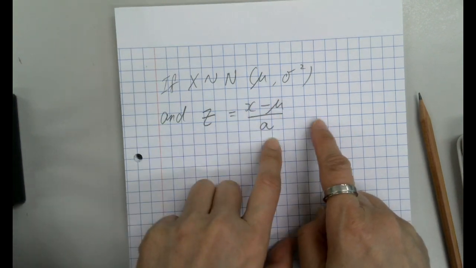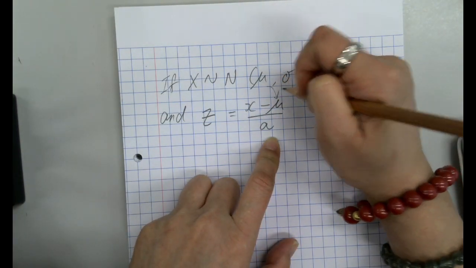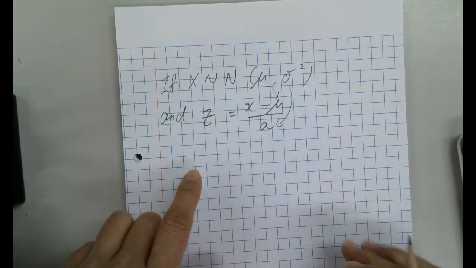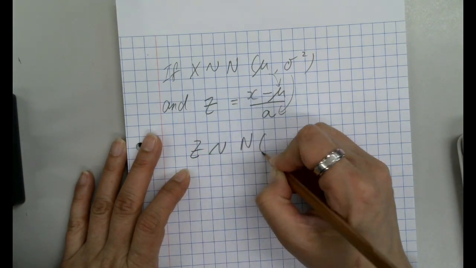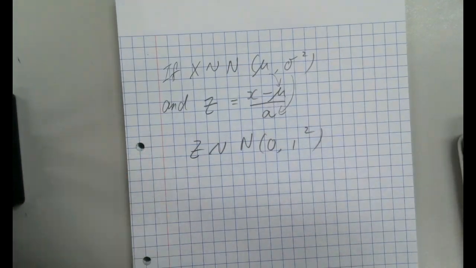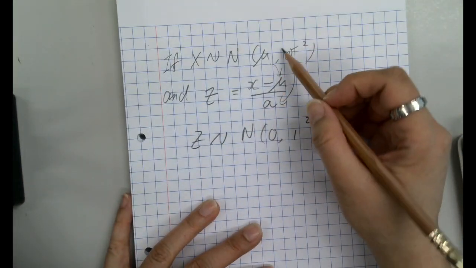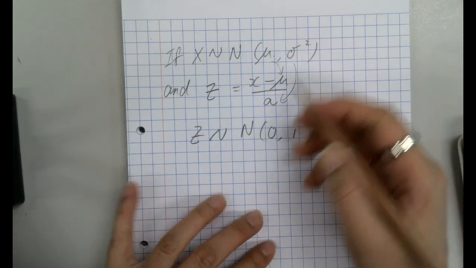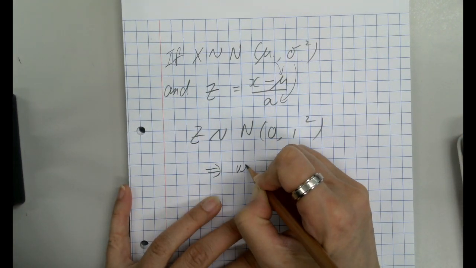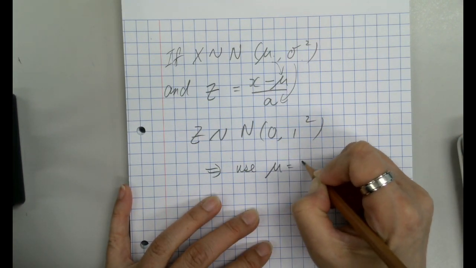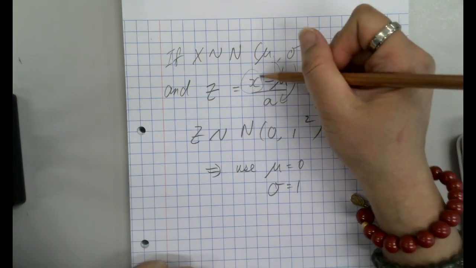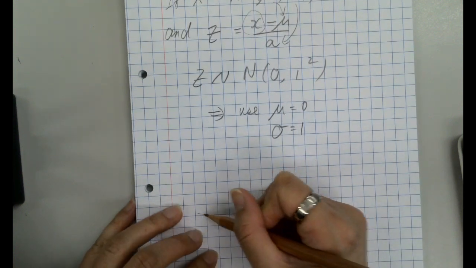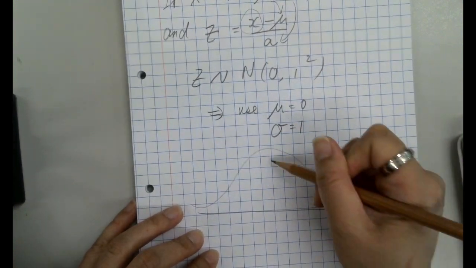This is the value, the mean, and they are interlinked. Therefore our Z will be equal to N(0, 1²), which means that when we are missing the mean and the standard deviation, we use mean equals 0 and standard deviation equals 1 to find out for that value where it lies, how many standard deviations away.